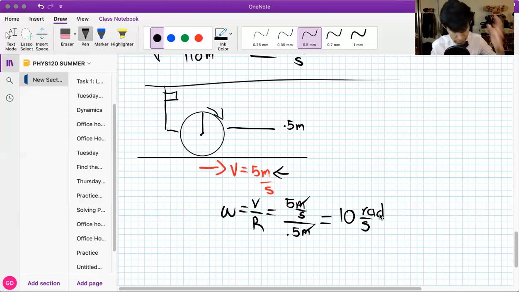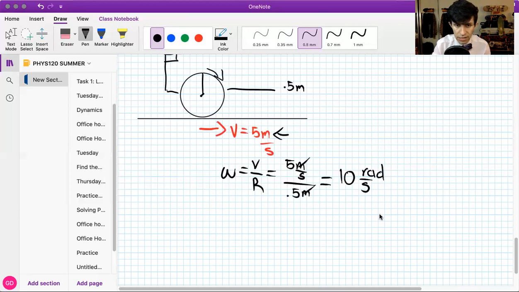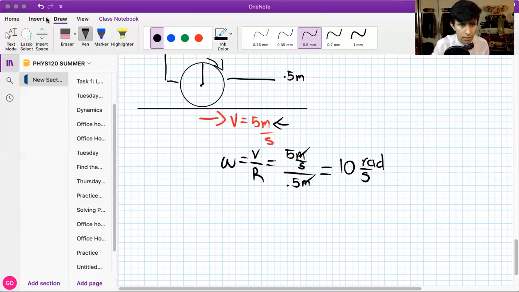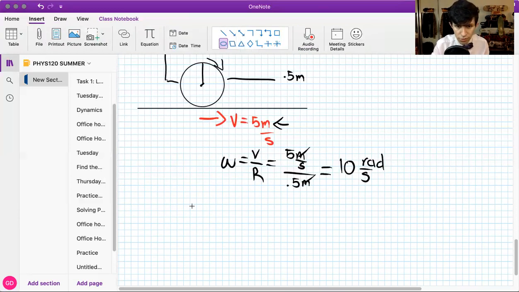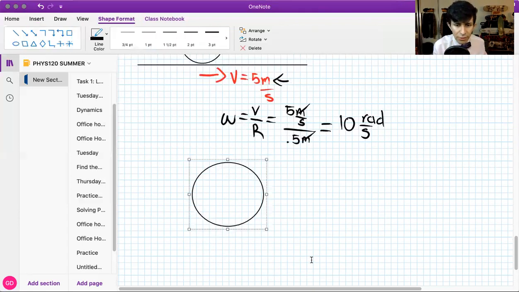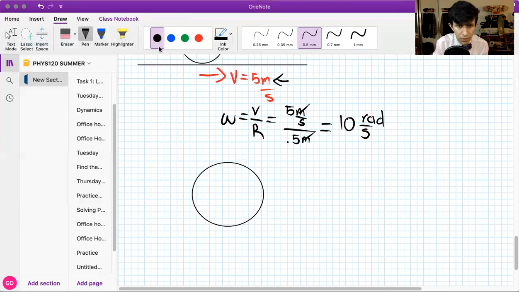Okay, you may be wondering now, what the heck is radians? So let's talk about that. So I'm going to draw another circle. We know in degrees what this whole circle is. If we start here and we go all around and come back to this point, we've traveled 360 degrees, like that.